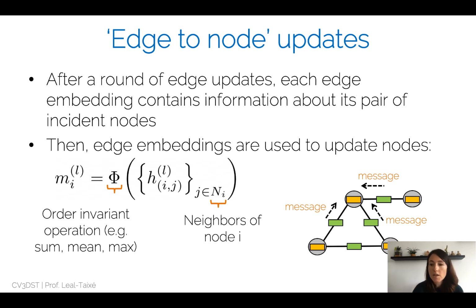It could be 3 edges, like for example in this case, but it could also be 2 edges, like for this node here on the bottom left. So again, I need to define an order invariant operation that can take in any number of edges. So I'm going to take the embeddings of all the connecting edges to my node i, and I'm going to perform this order invariant operation to create again the message of node i.